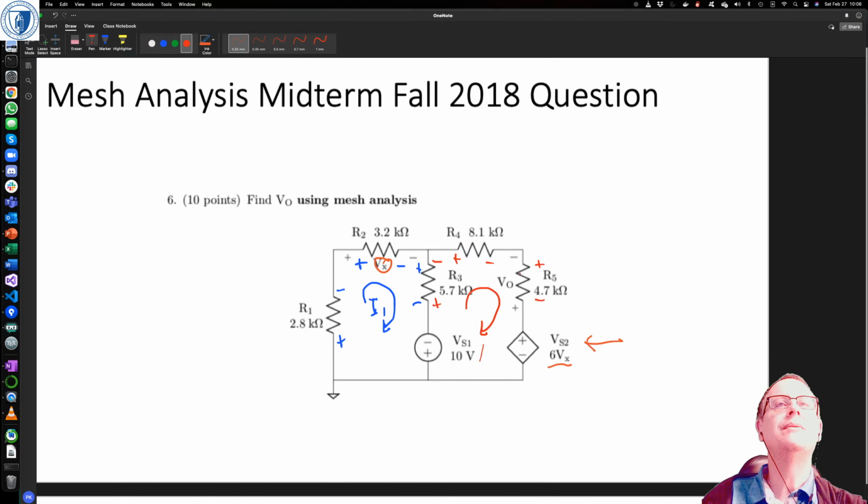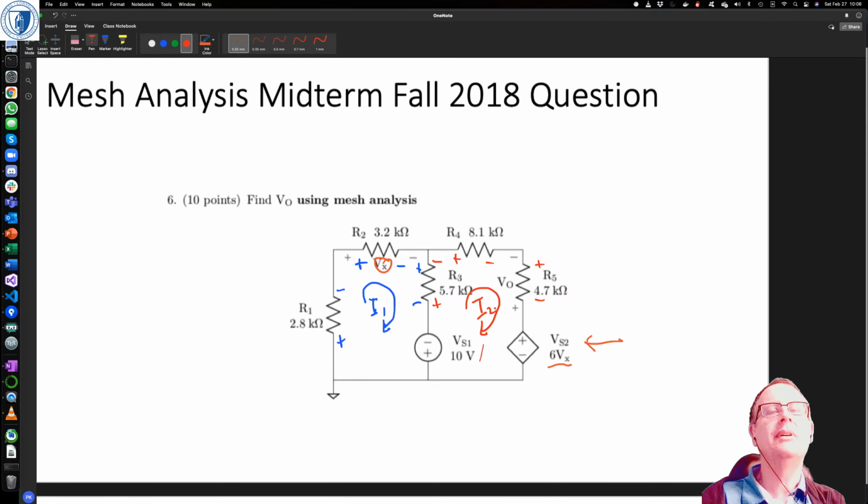Notice that we're asked for V out, but I've decided that VR5 has the opposite polarity of V out, just because of the way I've chosen my I2 direction. Okay, so that's the first step. Assign the mesh currents, and I also suggest you go through and draw the polarities of all the components.